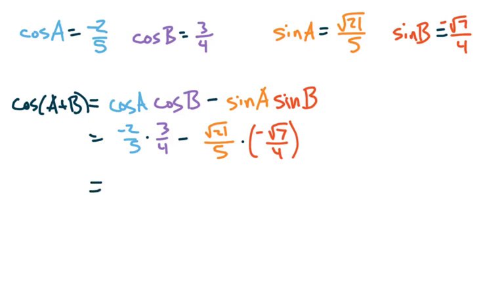Okay, so now we just have to simplify. Negative 2 times 3, negative 6. 5 times 4, 20. Here we have negative times negative becomes positive. And this is going to be square root 21 times square root 7. You can multiply this together, and you should get 147.